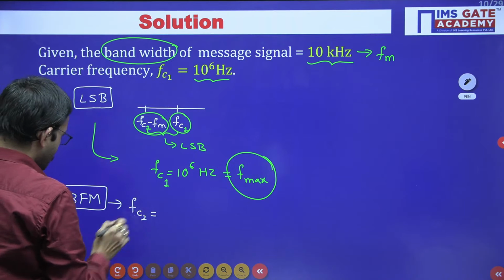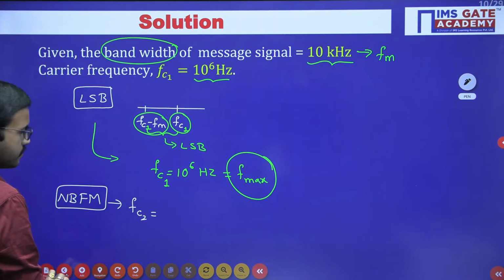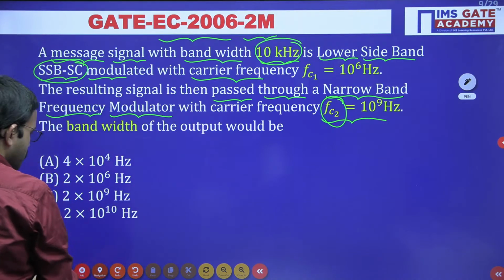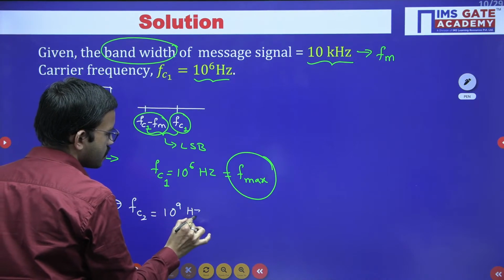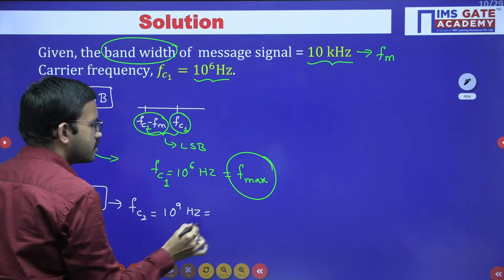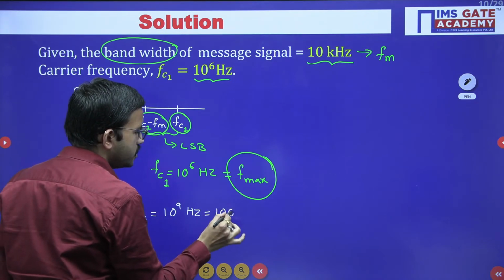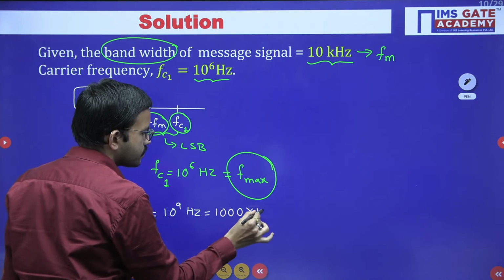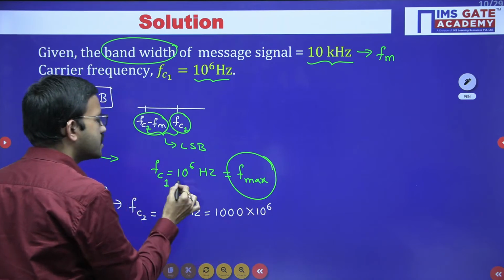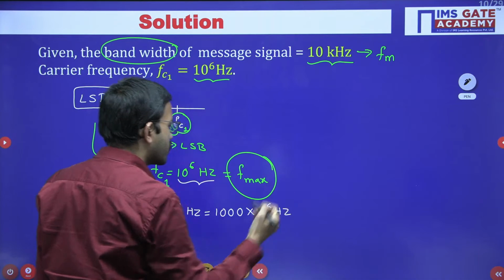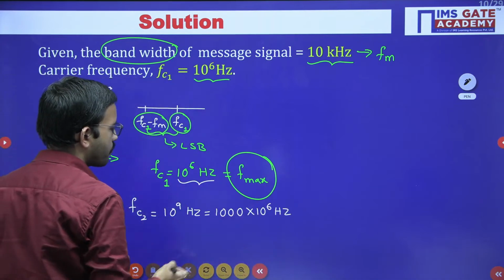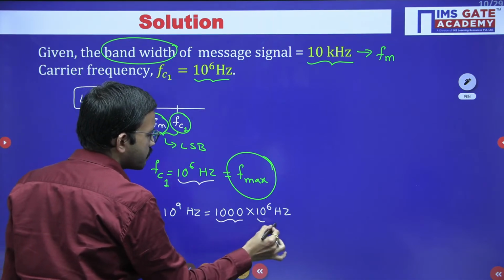FC2 they have given as 10 power 9 Hz. We can write 10 power 9 as 1000 into 10 power 6, because earlier we got in the order of 10 power 6, so I am converting in multiples of 10 power 6. So 1000 into 10 power 6 Hz.